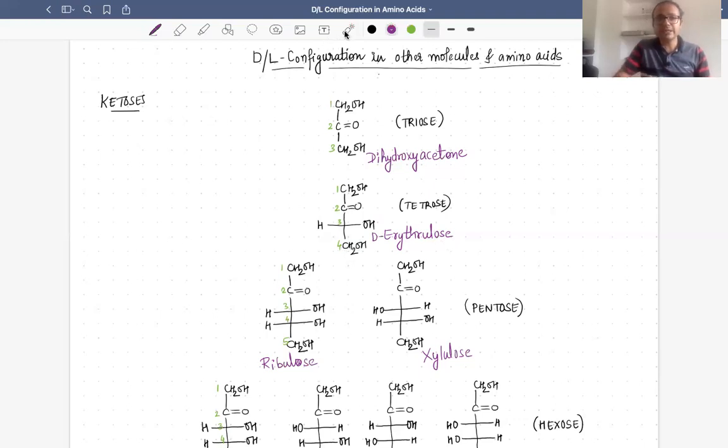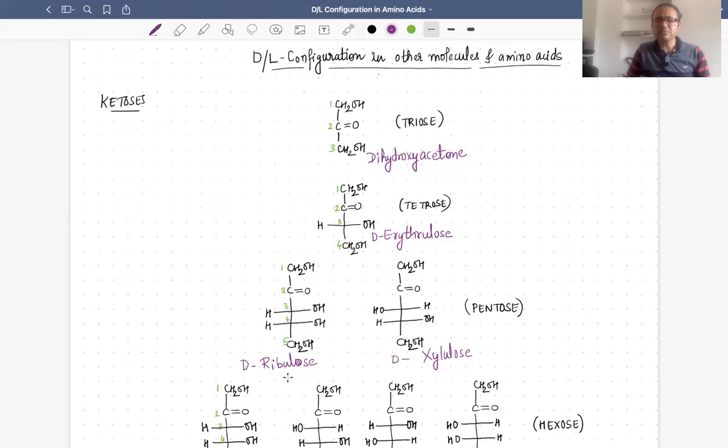Then coming to the next higher version, the pentose, again, one less chiral center than the aldose. We have 4 stereoisomers therefore possible, 2 D forms and 2 L forms. For the 2 D forms, again, the penultimate chiral center is what we look at. In both cases, you see the OH is on the right side, and therefore the D configuration would be D-ribulose in this case, and D-xylulose in this case.